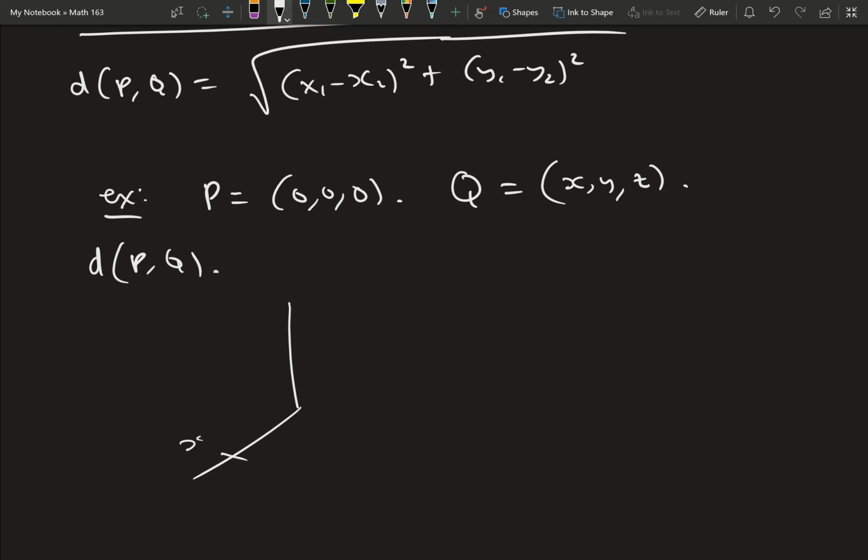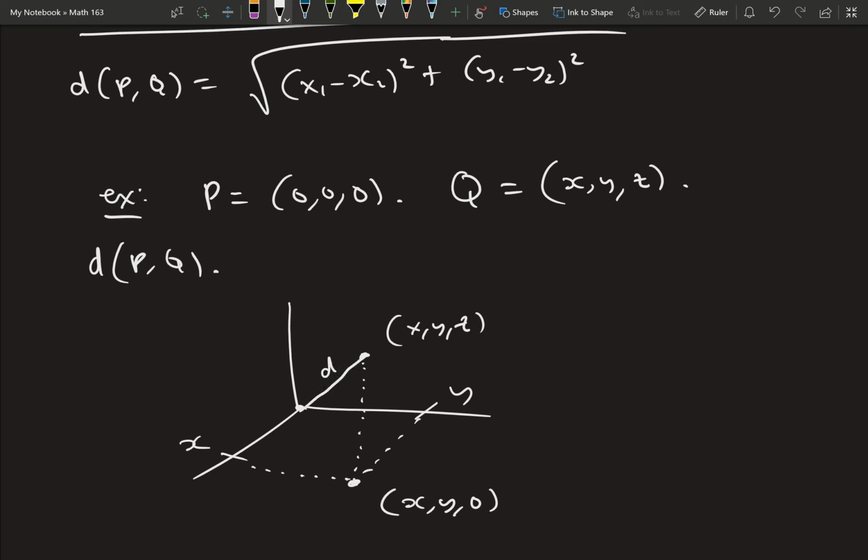So here's my x value, here's my y value, here's my origin, here's the point x, y, 0. I travel upwards a certain amount to get to x, y, z. And my question is, what is this distance, d?